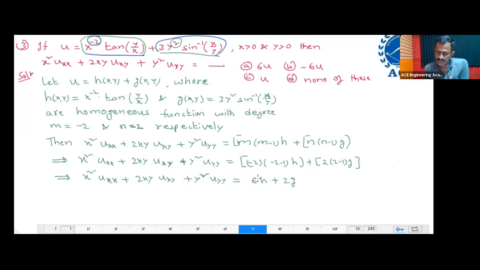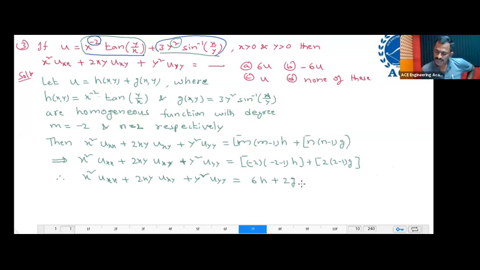Suppose here if it is 2, then 2 into h plus g, in that case 2u only. Suppose in place of 2, if we have 6, then this will be 6 into u only. So it is the answer. Therefore, the answer is 6h plus 2g only.